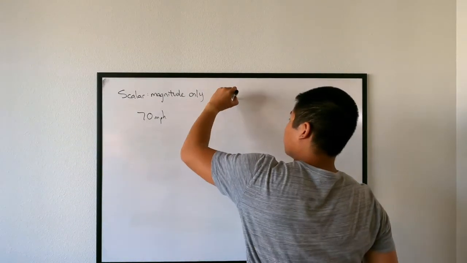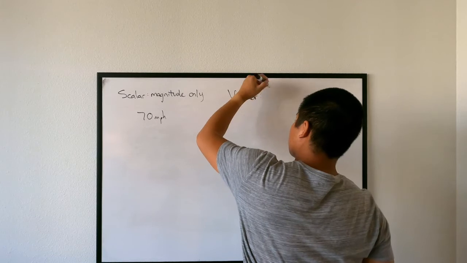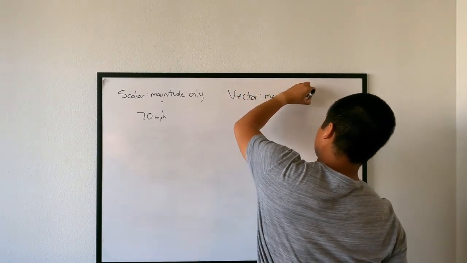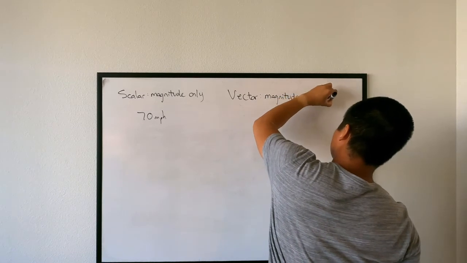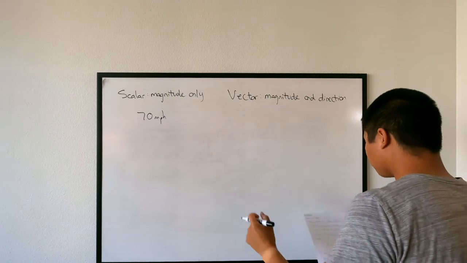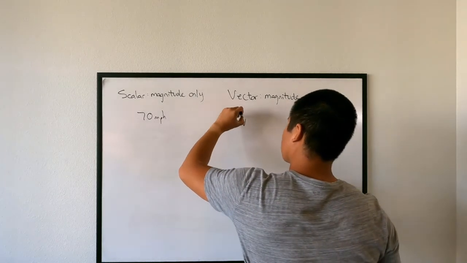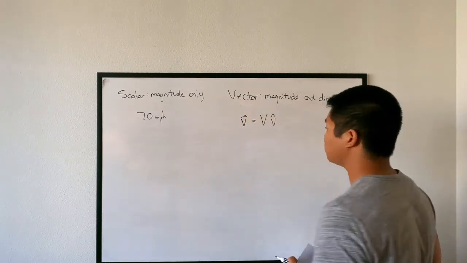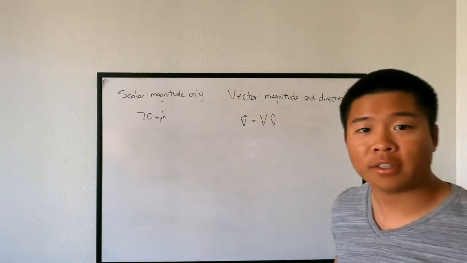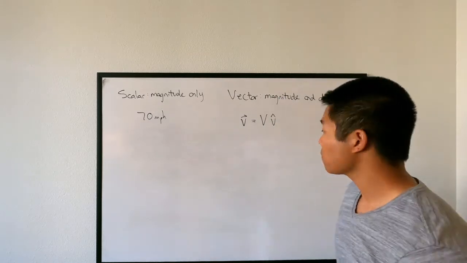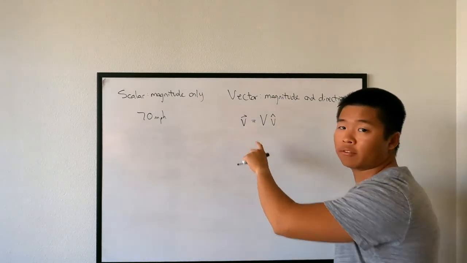Whereas a vector tells you both magnitude and direction. I can write that as v times v hat. You may be wondering, what are all these v's and why do some of them have hats and why do some of them have arrows? This is the general form of a vector.